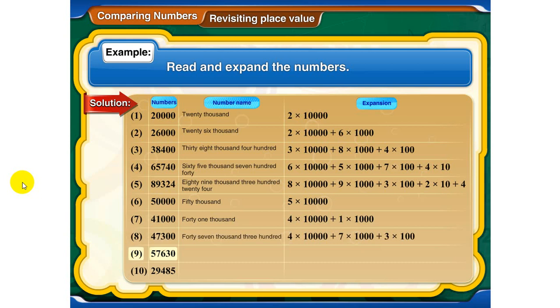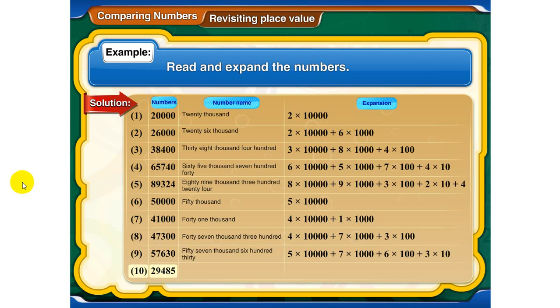9. The given number is read as 57,630 and expansion is 5 into 10,000 plus 7 into 1,000 plus 6 into 100 plus 3 into 10. 10.